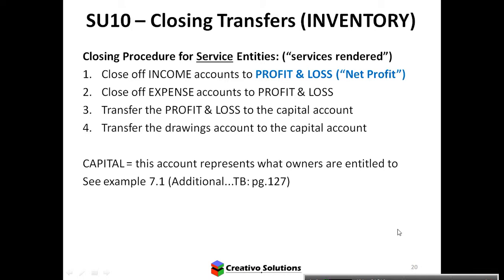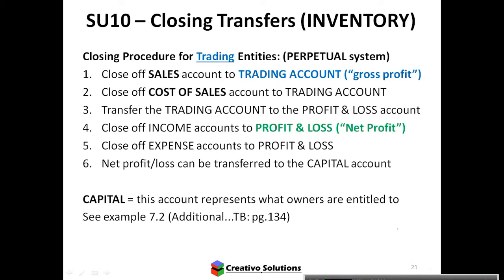Obviously, what type of business do we have here? Service. Will the service business have a cost of sale? No, that's why I only have income and expenses. Okay, then you've got a note over here looking at trading entities using what system?